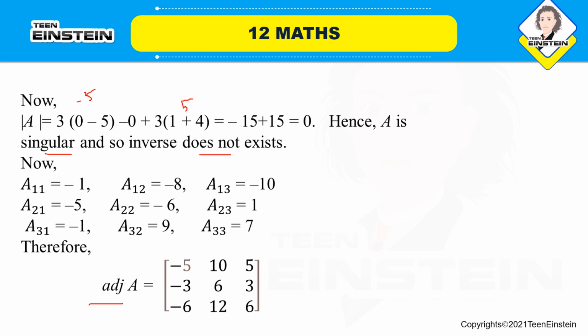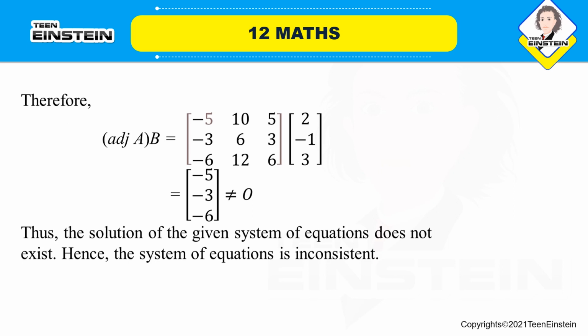How will you find adjoint A? Adjoint A is the transpose of the cofactor matrix. So find adjoint A. Adjoint A is minus 5, 10, 5, minus 3, 6, 3, minus 6, 12, 6.